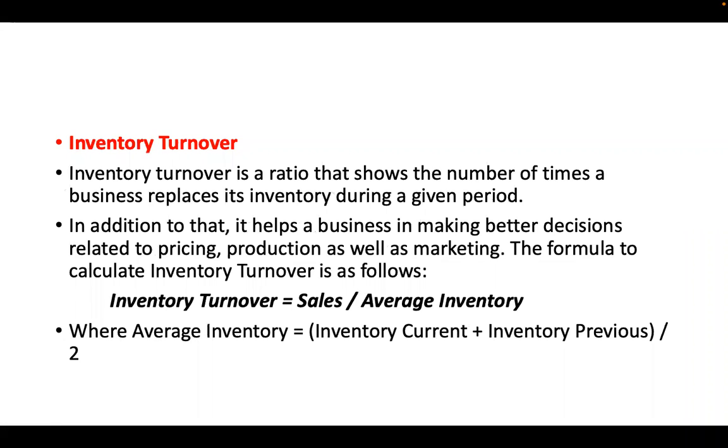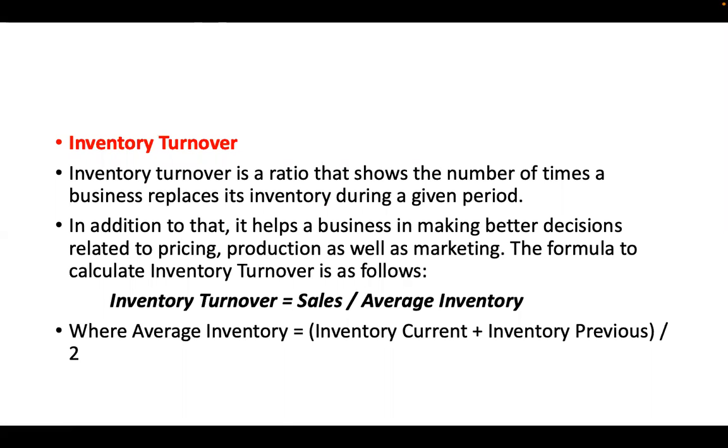And moving forward, it is like inventory turnover. Inventory turnover is a ratio that shows the number of times a business replaces its inventory during a given period. So what is inventory? You might be quite aware of what inventory is. Inventory is the company's stock we are talking about.